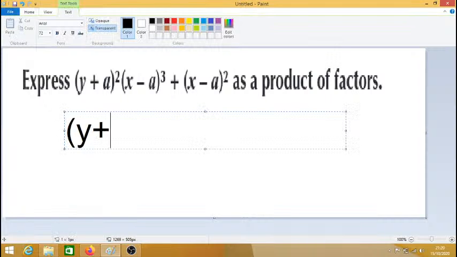I'll just rewrite it while you think and try it yourself.